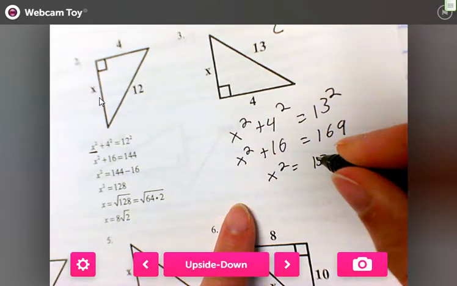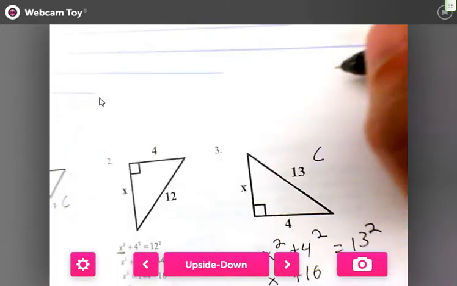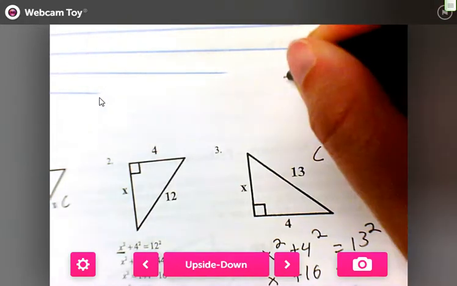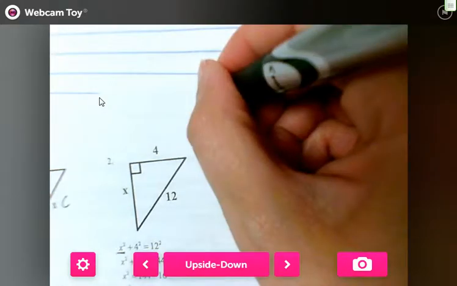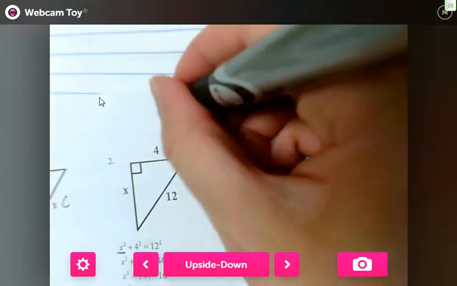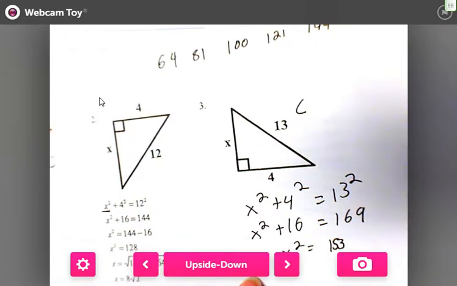All right, 153 is a hard one. Okay, let's think. I'm going to turn back over to my perfect squares, remember? So I've got like 144, 121, 100, 81, 64, and so on. Okay? So 153, I'm going to do the biggest one. 144 will fit in there.